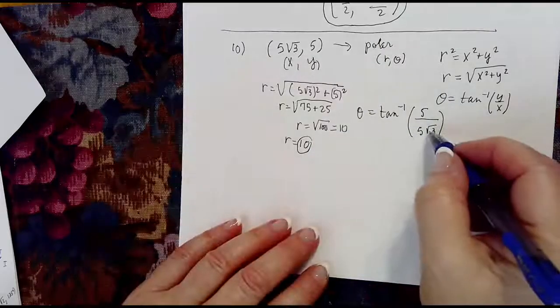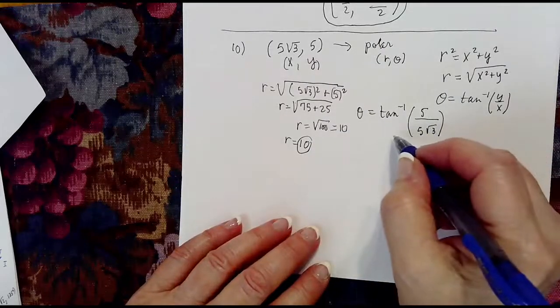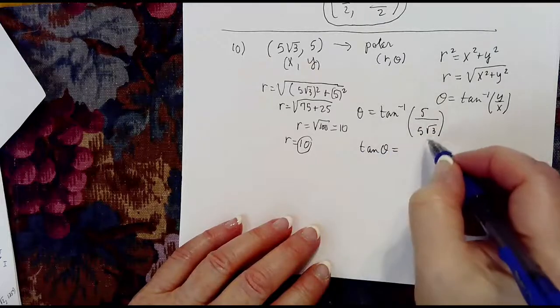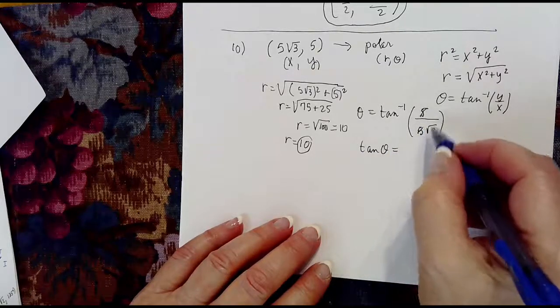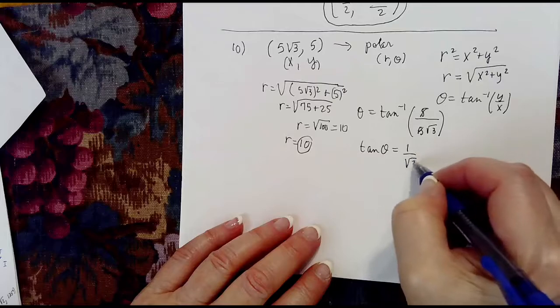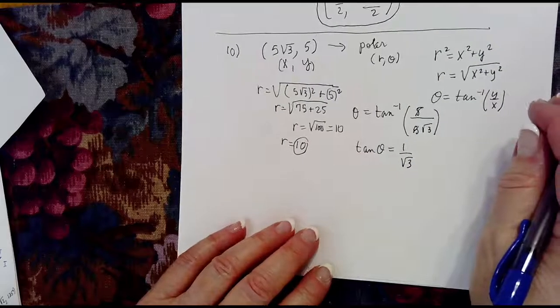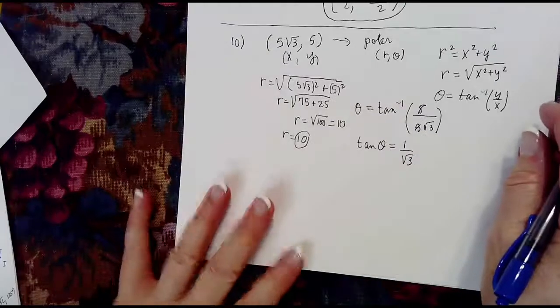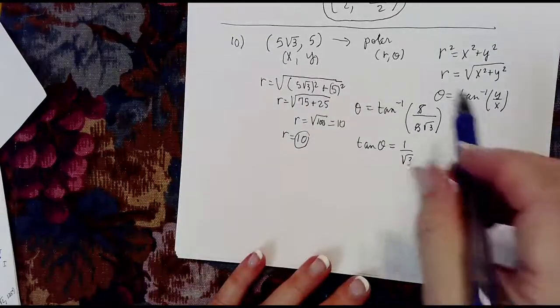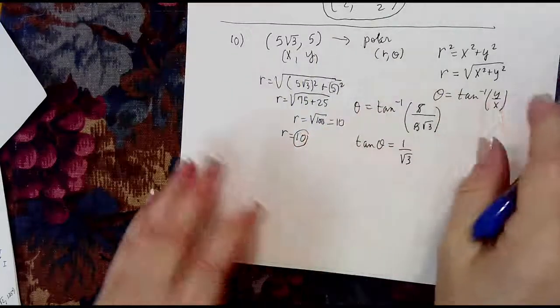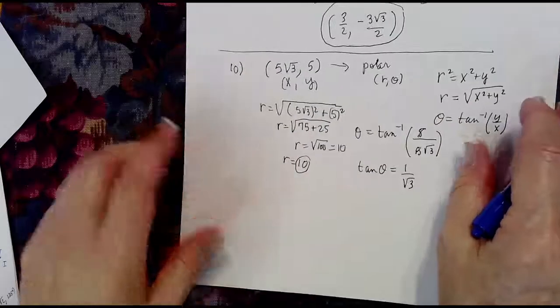So we're going to rewrite this because I want you to see it and think unit circles. We're going to rewrite it as tangent theta equals, the 5's are going to cancel out, and I've got 1 over square root of 3. Okay? So now we have to think in terms of where am I for 5 square roots of 3 comma 5? Where am I in the coordinate plane?